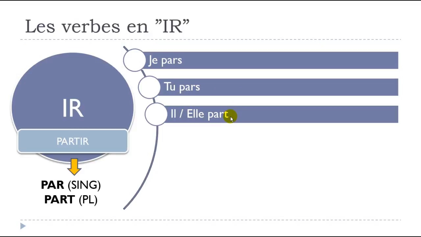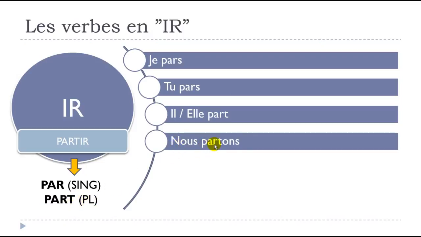And then, if you think about what we saw, we should have this first part here, and then the endings after. That's the reason why we will get nous partons. You've got this P-A-R-T, and then we put the ending O-N-S, the classic one.